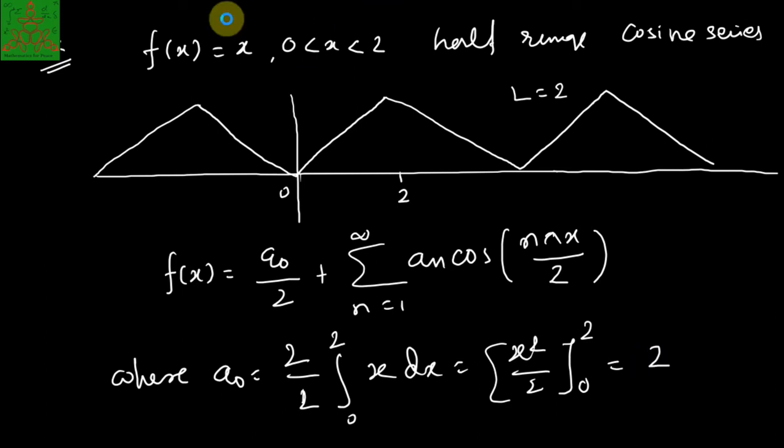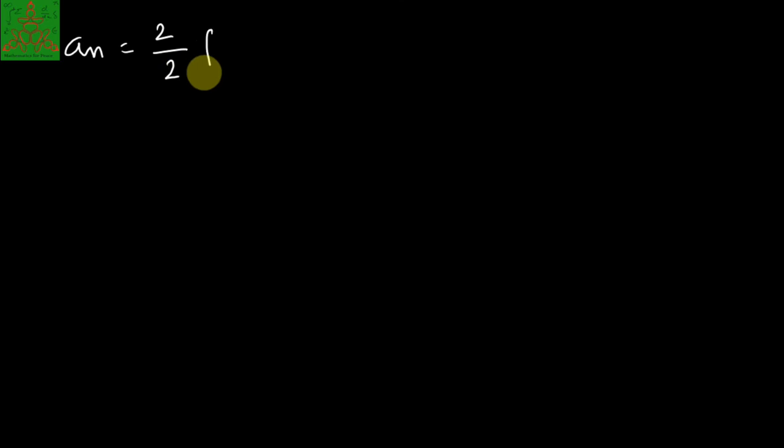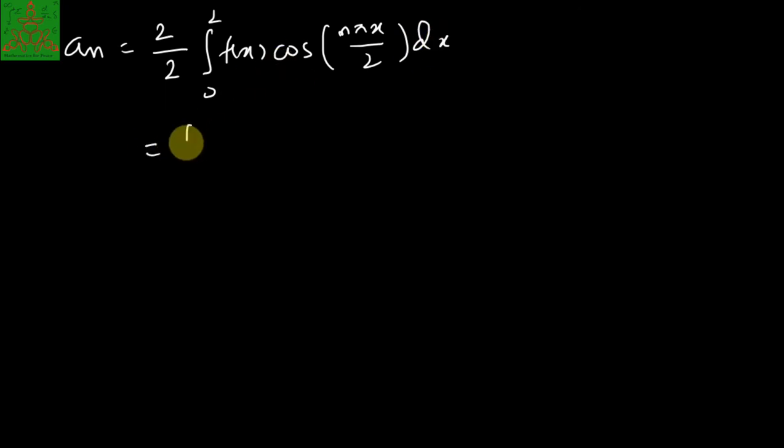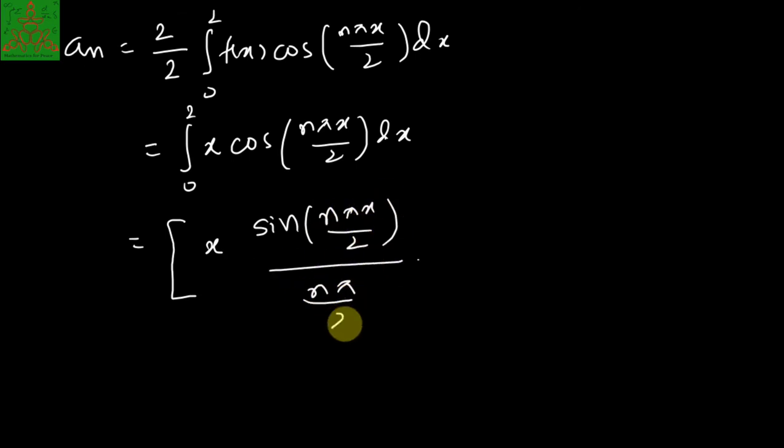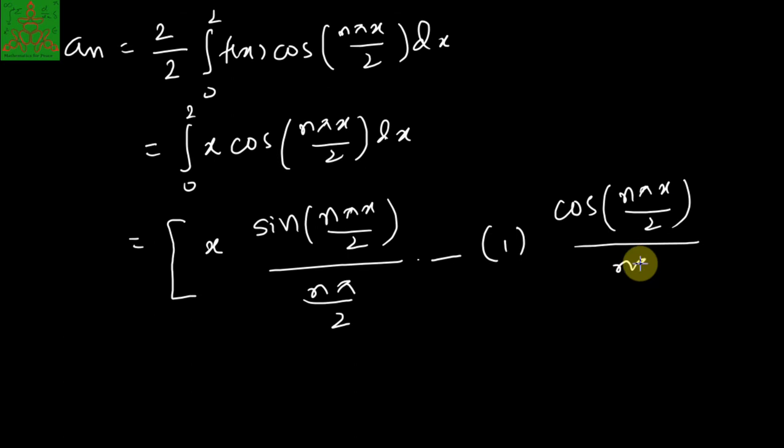What will now be a_n? a_n is 2 by L, which is 2, integral 0 to 2 of f of x cos n pi x by 2 dx. f of x is x, so that's why it is this. And applying integration by parts, we have x into sine n pi x by 2 upon n pi by 2, minus 1 into cos n pi x by 2 upon n pi by 2 whole square, and it is of minus sign.